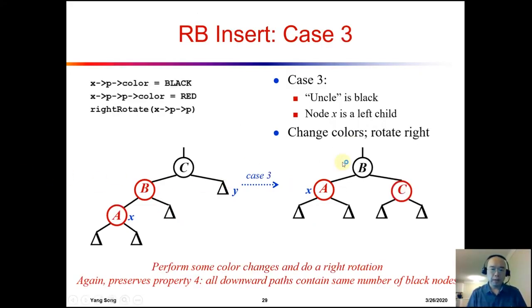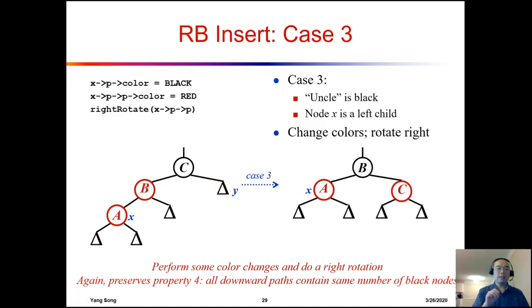For case 3, we have the new node X as the left child, and X's parent B is a red node, and X's uncle is black. Now you may find this tree is a little bit imbalanced, right?